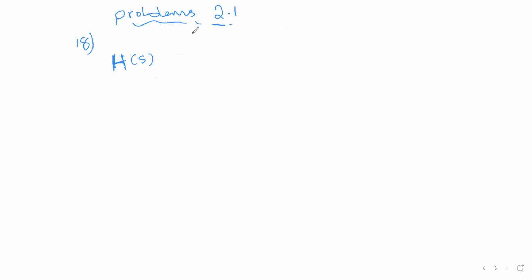So h of s is given to us as 5s squared minus 3. And we are asked to find the following function values. h of 4, find h of square root of 2, and also find h of 2 over 3.